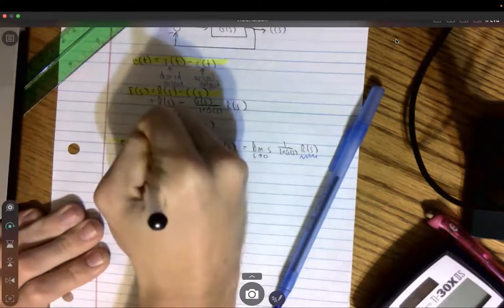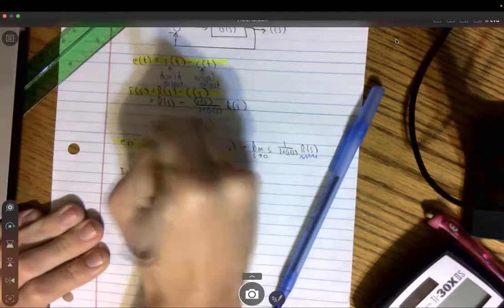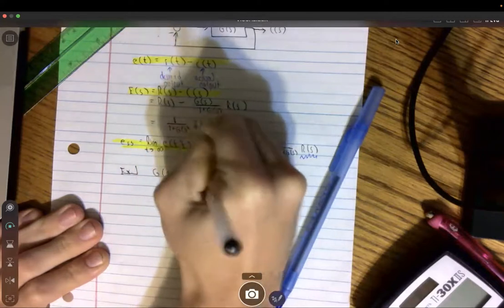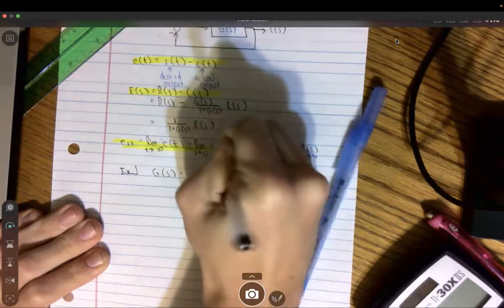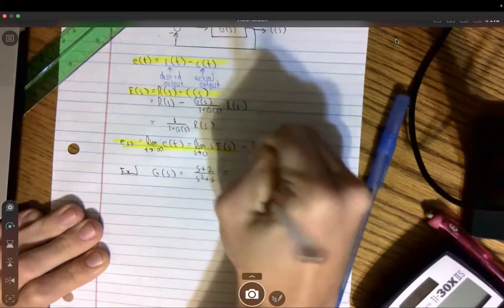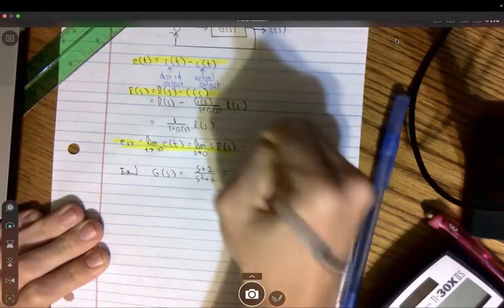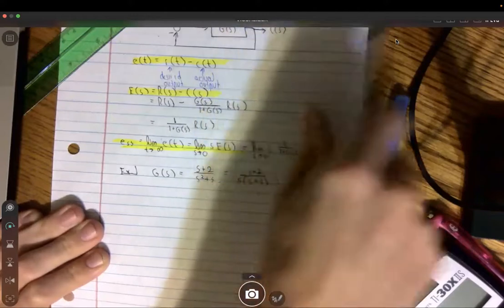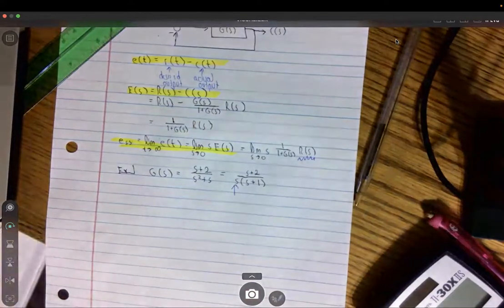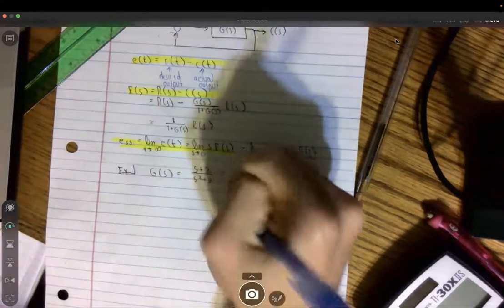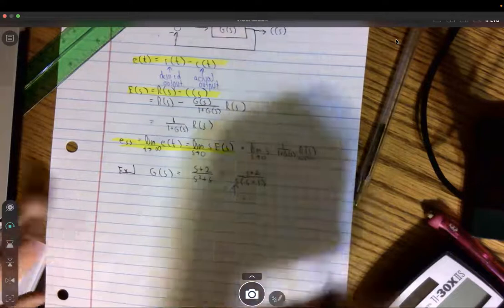Well, if we have specifically G of S given to us equal to S plus 2 all over S squared plus S, you can rewrite the denominator as S times S plus 1, and then S plus 2 here. The pure integrator is the one that is by itself, the S term by itself. So your system type would be I equal to 1.